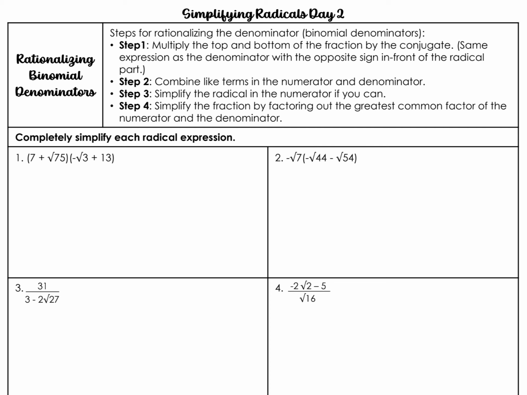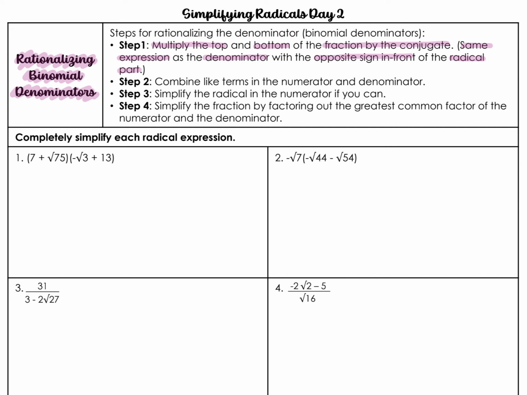All right, so starting off, we are going to go over some steps that I like to use when rationalizing that binomial denominator. Step 1 is to multiply the top and the bottom of the fraction by the conjugate. This is going to be the same expression as the denominator, but with the opposite sign in front of our radical part.